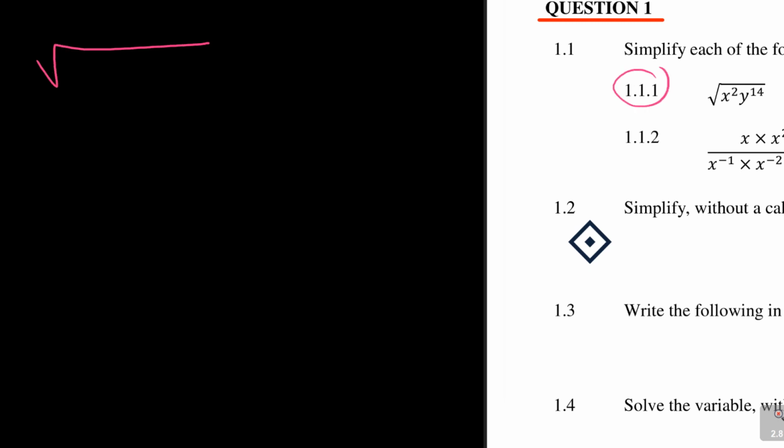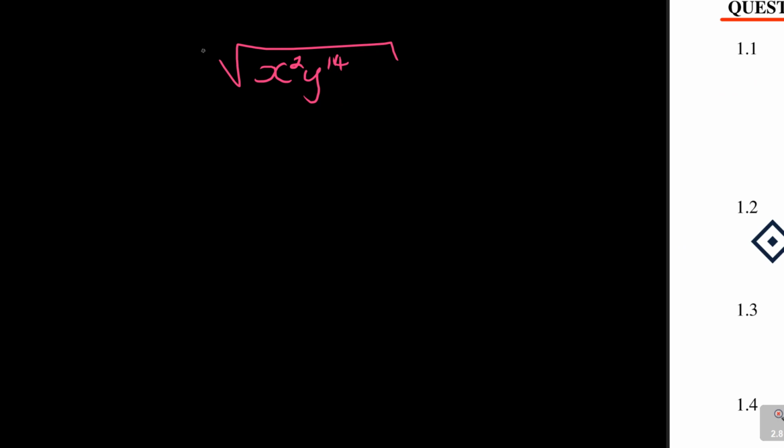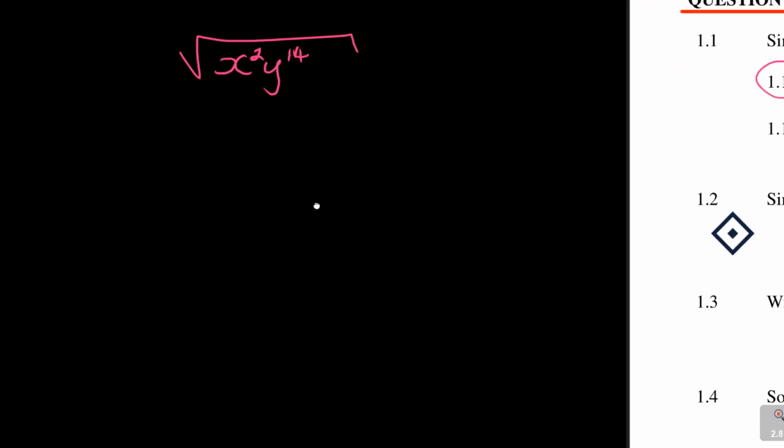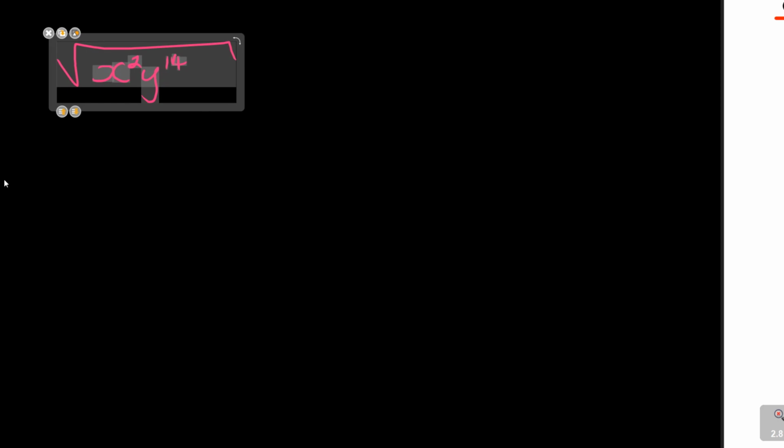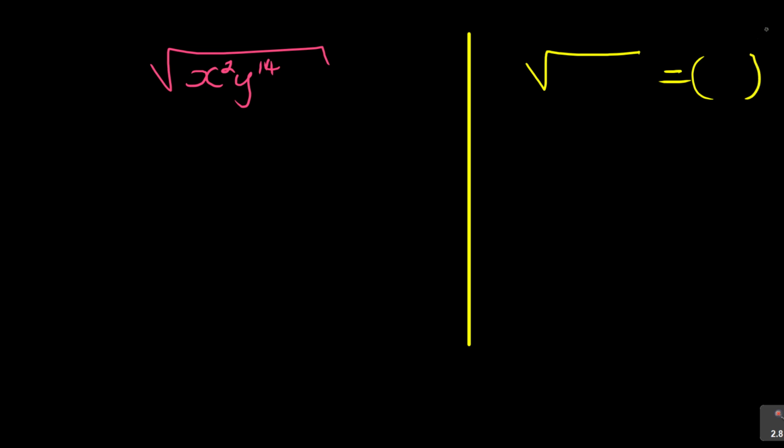It says you're supposed to simplify the square root of x squared y to the power of 14. It's 2 marks, so it is not much of a challenge. But look at this. The moment they give you the sign for square root, you must know what it means. If I say square root, it means bracket to the power 1 over 2. If I write cube root, it means bracket to the power 1 over 3.